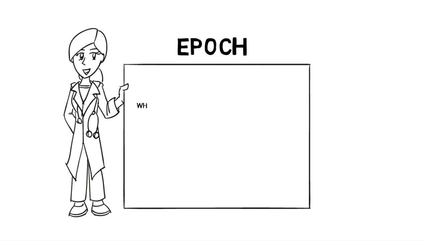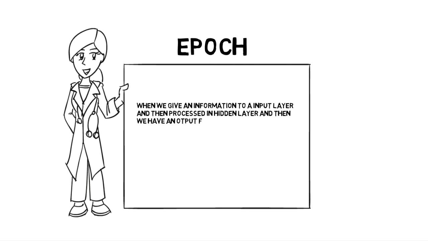And there is also another term. It's called epoch. When we give information to an input layer and then process it in the hidden layer, and then we have an output from the process, that means one epoch. The more epochs we get, the better the result.